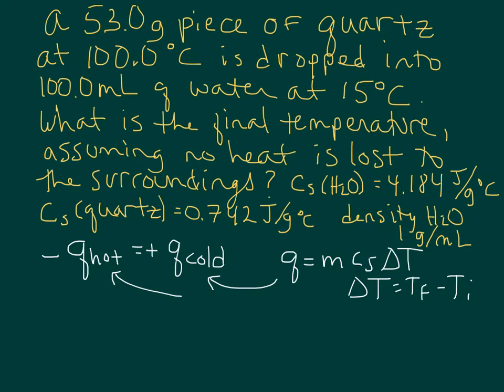I think I will go to the next slide to start doing that. Let's write down a few things that we already had. We had negative Q for the hot thing equal to the Q for the cold thing with the opposite sign.